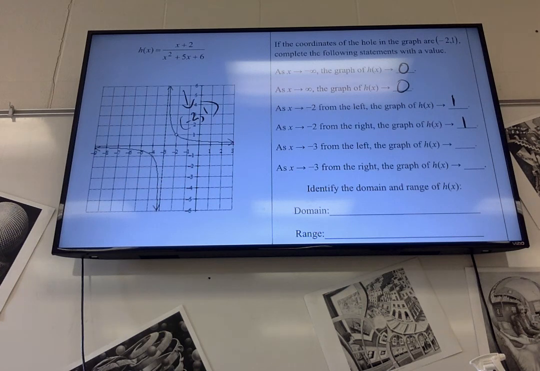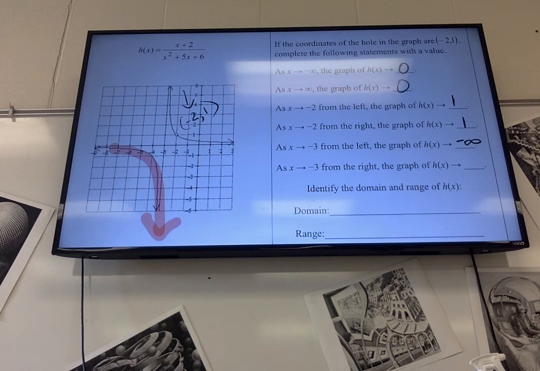Then, for the vertical asymptote, as x approaches -3 from the left, Zella, what's h of x approaching? Infinity. Close. Negative infinity. It's negative infinity because of the left, so that means I go to the left of -3. Notice it's pointing down on the left of it, so that's why it's negative infinity.